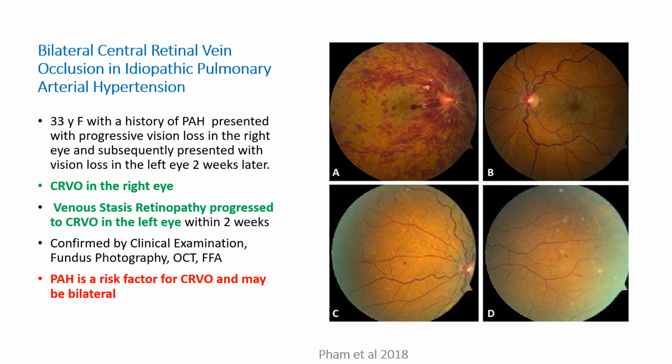As we see in the picture, there is central retinal vein occlusion in the right eye and venous stasis retinopathy in the left eye, which progressed within 2 weeks to central retinal vein occlusion. This was confirmed by clinical examination and investigations, and it's important here to state that PH is a risk factor for retinal vein occlusion, and it may be bilateral.